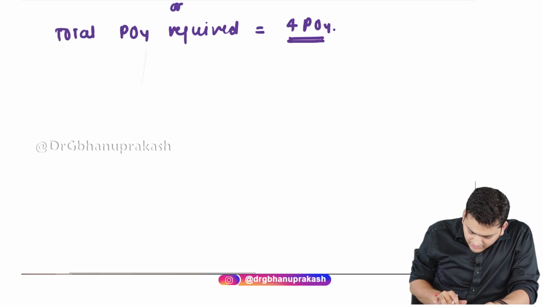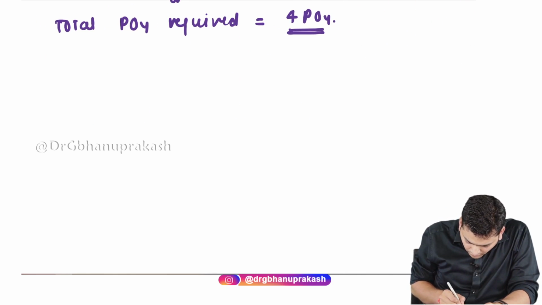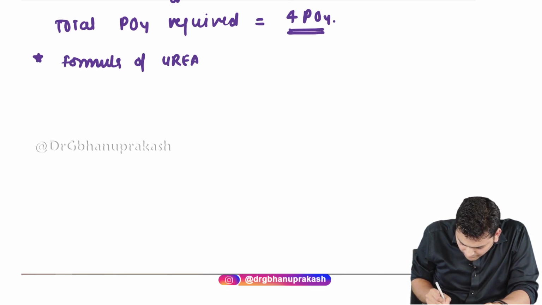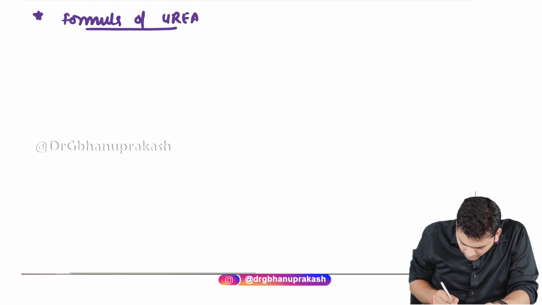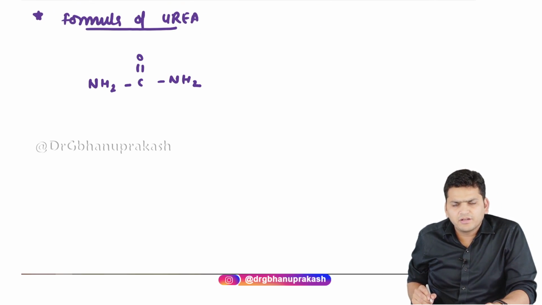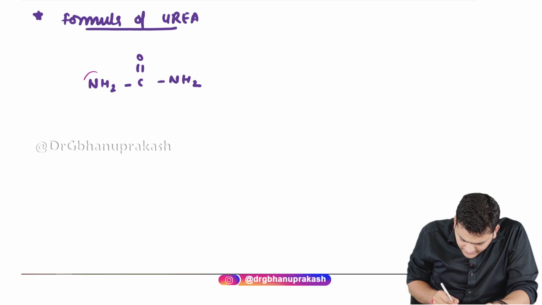The next thing they ask is, what is the formula of urea? The formula of urea is NH2CONH2. Now they ask, where are these nitrogens coming from? The first nitrogen is from the ammonia that we started with.